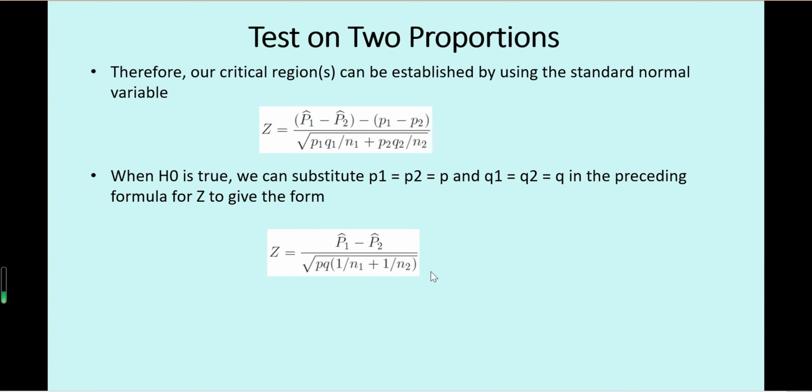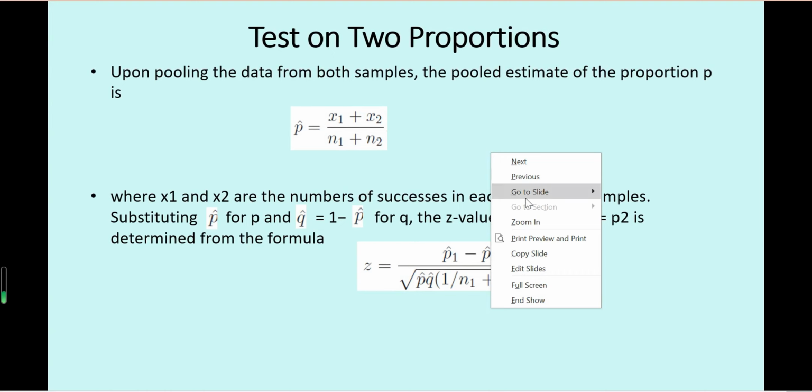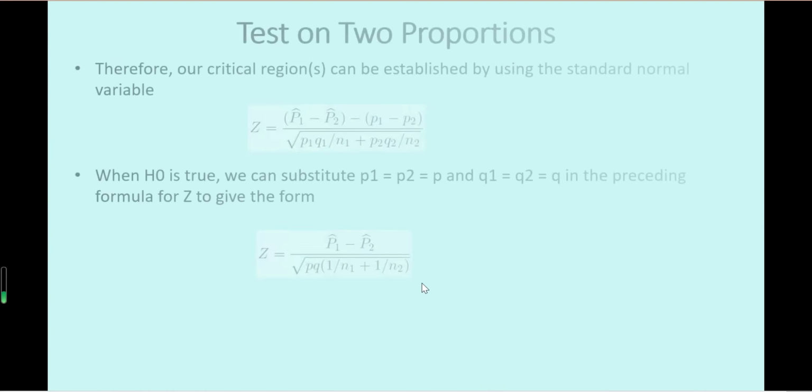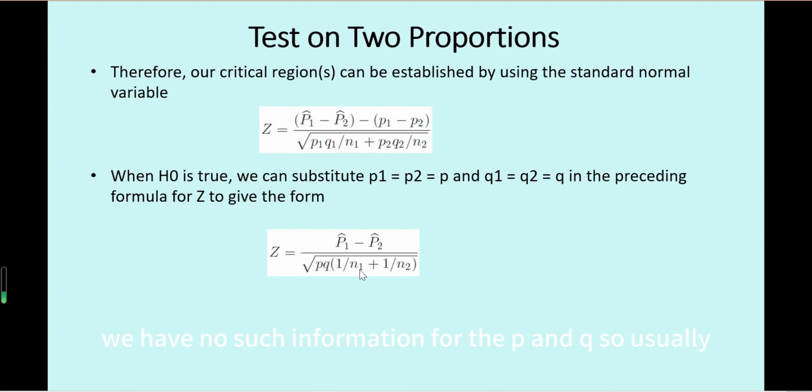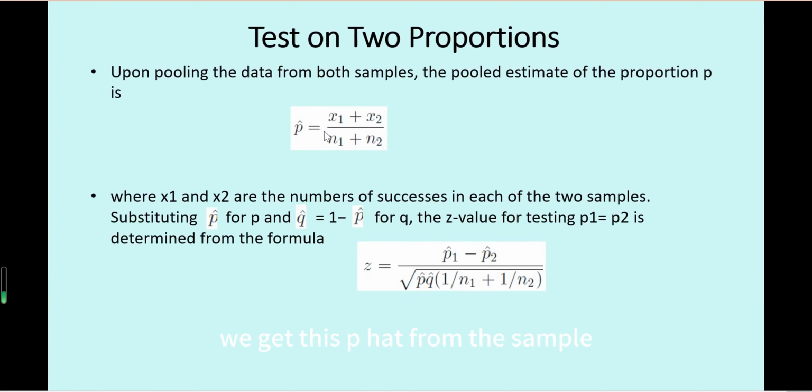So this statistic will have a standard normal distribution. And because we have no information for P and Q in the denominator, usually we get this P hat from the sample.